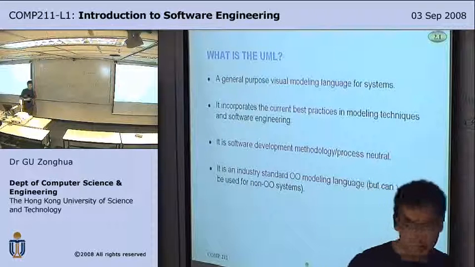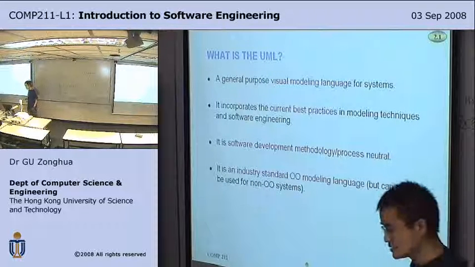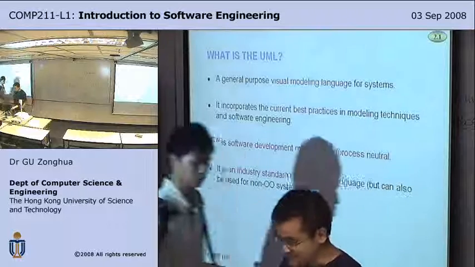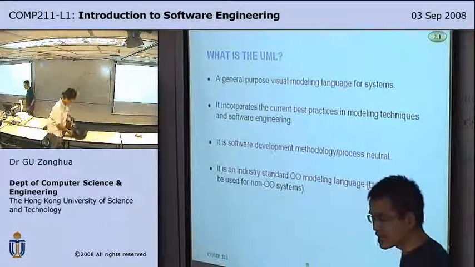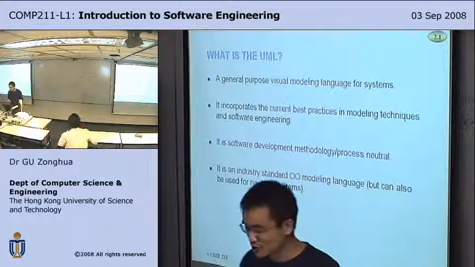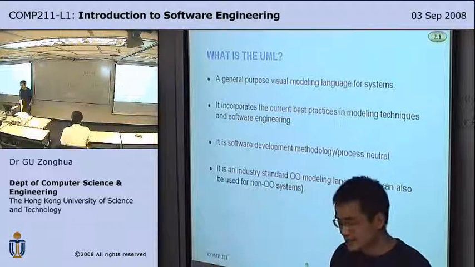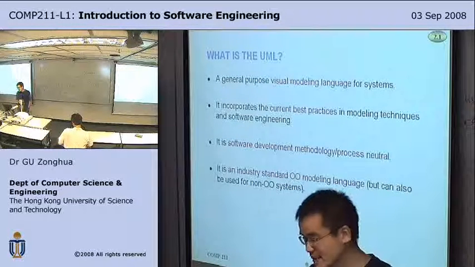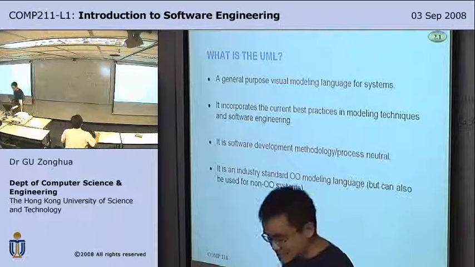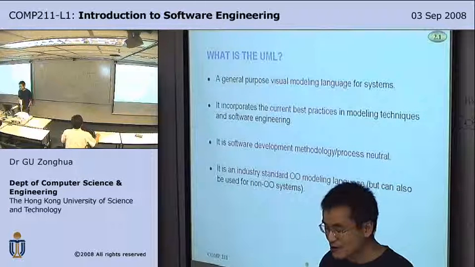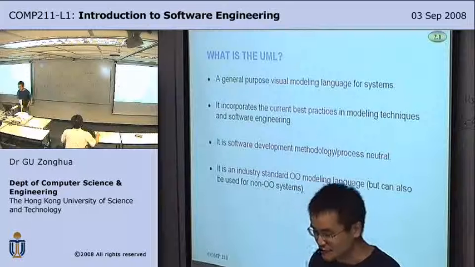They are shown to work well. It's experience-based. It is software development methodology and process neutral. That is, it's independent of any methodology or process. It's just a modeling language, and nothing more.